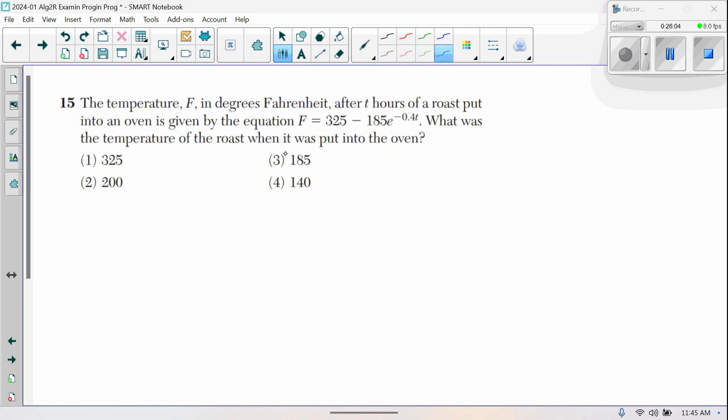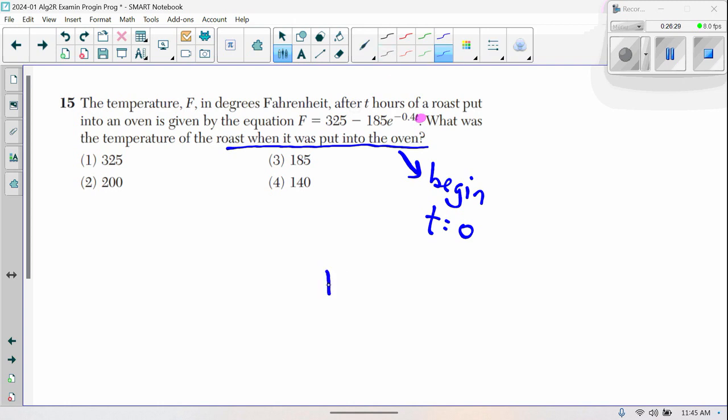It doesn't say the word first, but when the roast was put into the oven, that's right at the start. That's when we're beginning. We always begin when time is 0. That represents the start. So all I've literally got to do is put in a 0 for my time exponent and then put it in the calculator.